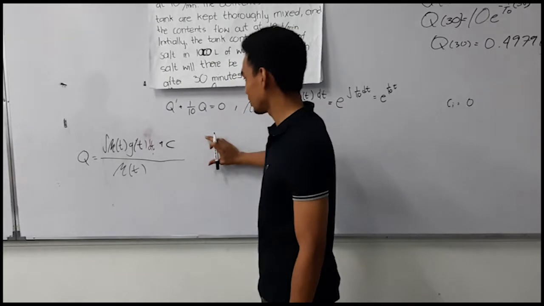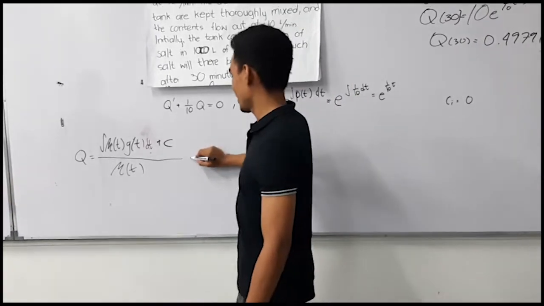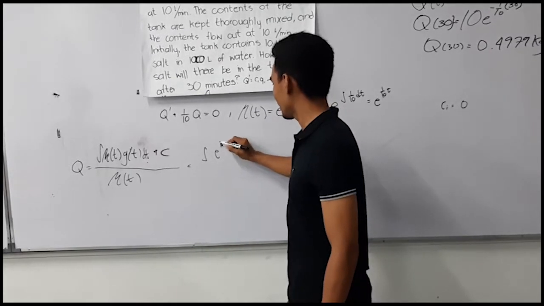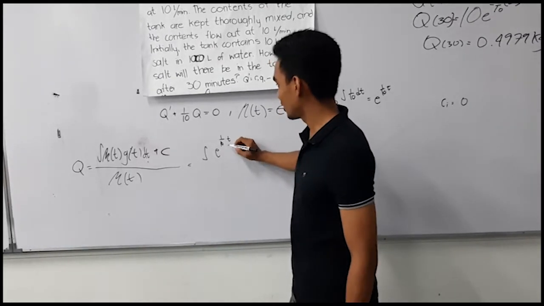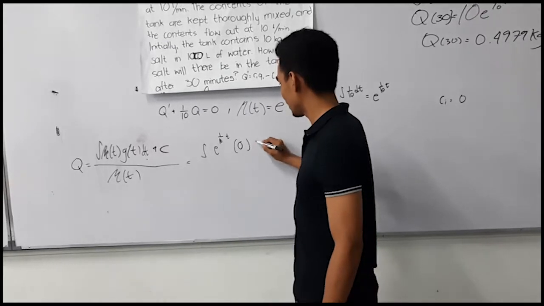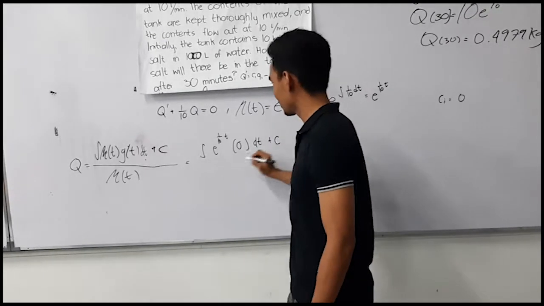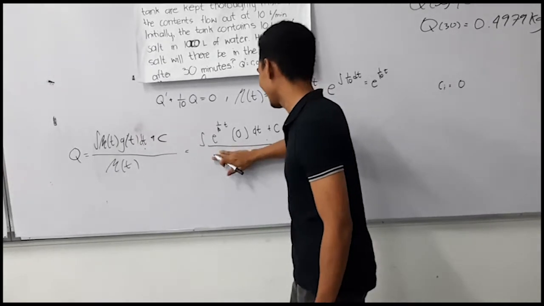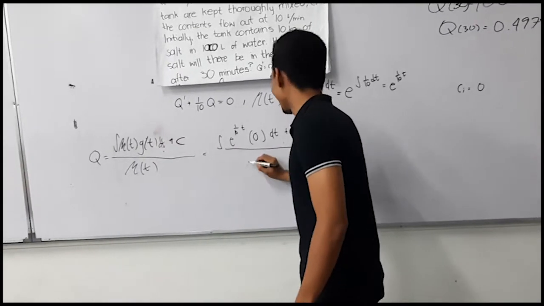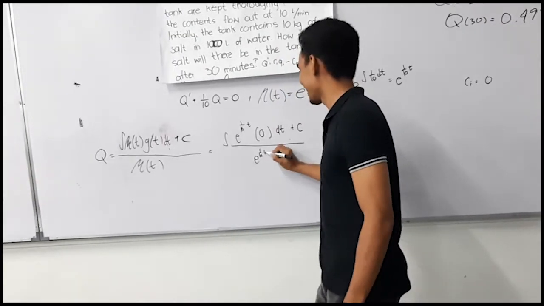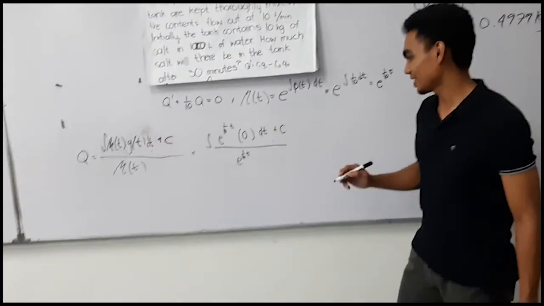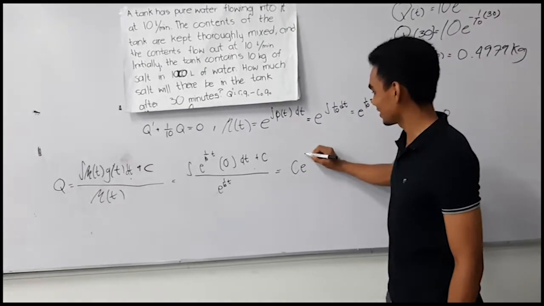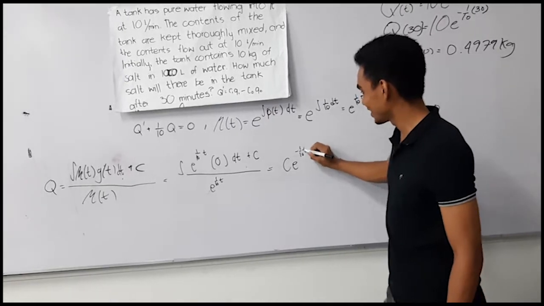Now to plug in our values, the integral of mu of t, e raised to 1 over 10 t, where g of t is 0, dt plus c, all over mu of t, which is e raised to 1 over 10 t. To solve for this, we will only have c e raised to negative 1 over 10 t.